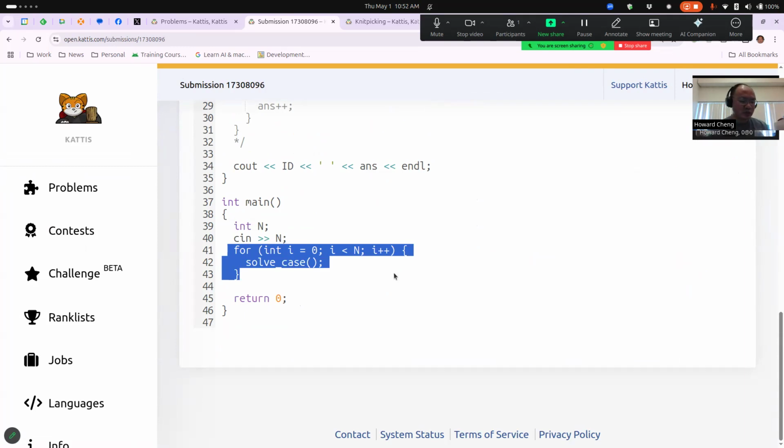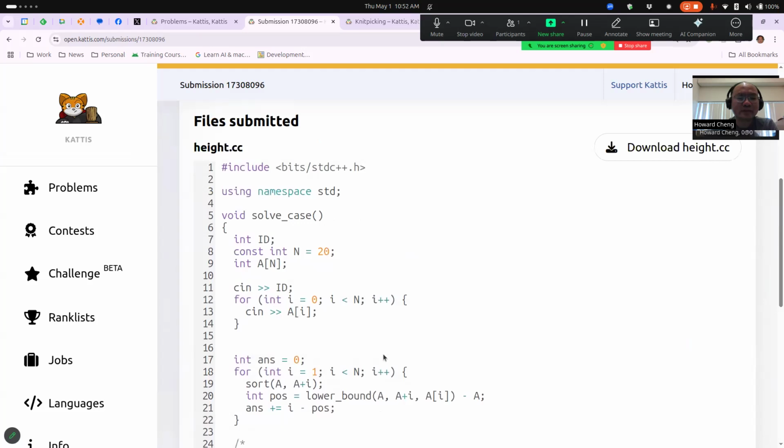I generally like to do this instead of writing one big main program, and that's because there is nothing that you need to save from one case to the next. So by making a function and making all the variables local, you don't have to worry about accidentally carrying something from one case to the next.